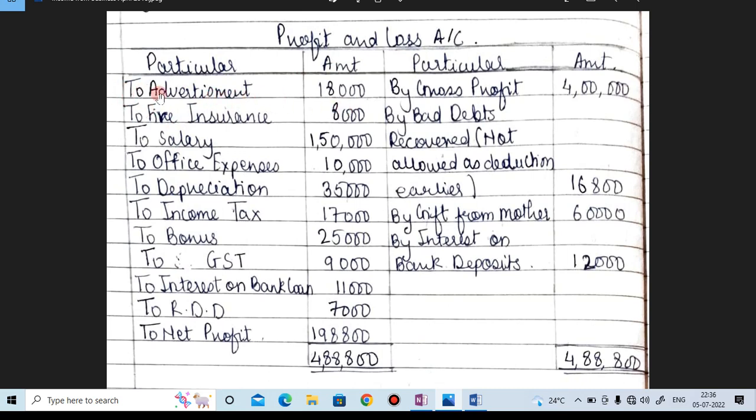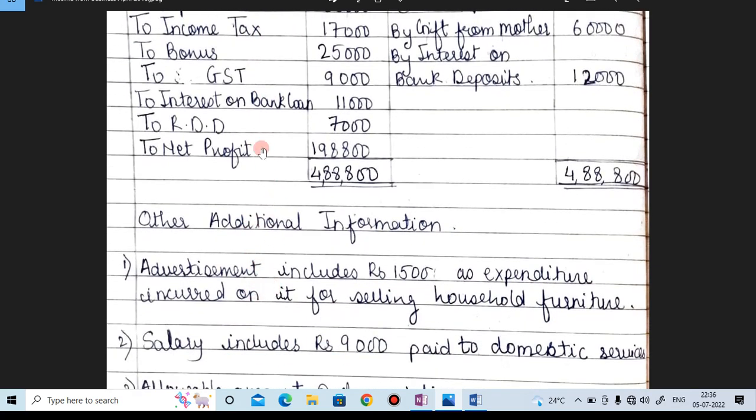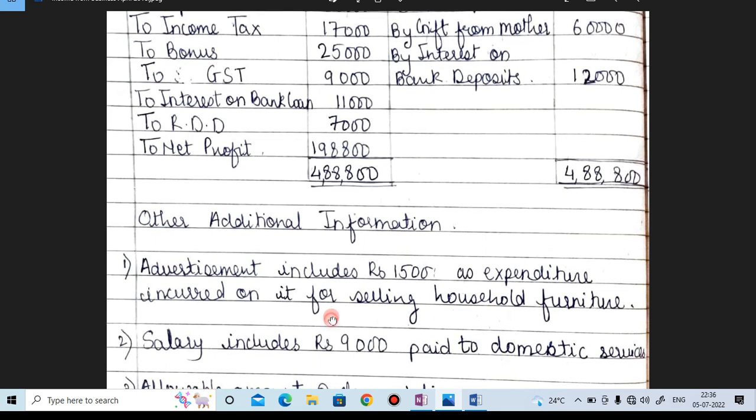Out of this 18,000, it includes 1,500 as expenditure incurred for selling household furniture.